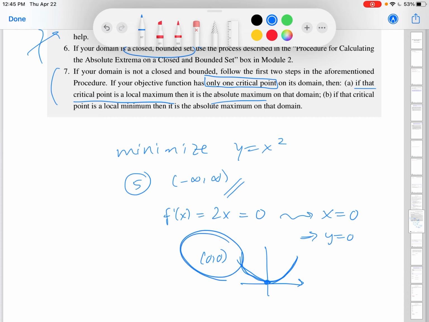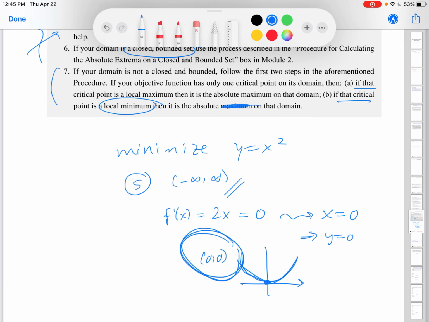And because it's the only critical point, that's this argument up here, and it's a local minimum, that makes it an absolute minimum. Actually, I noticed a small typo that I'll fix here. If that critical point is a local minimum, then it is an absolute minimum. So I'll fix that typo.